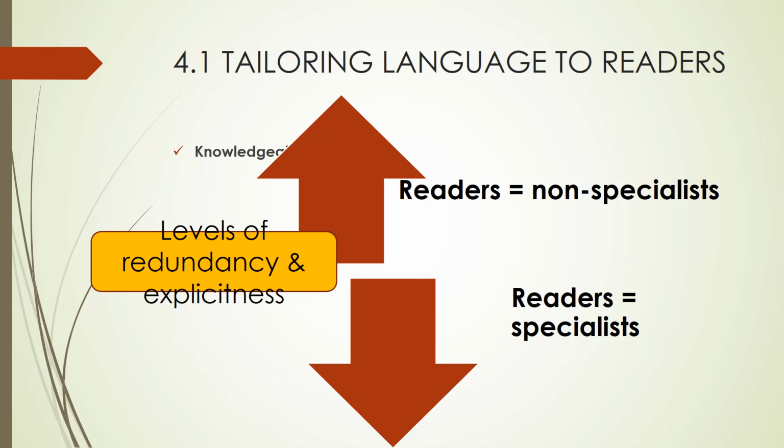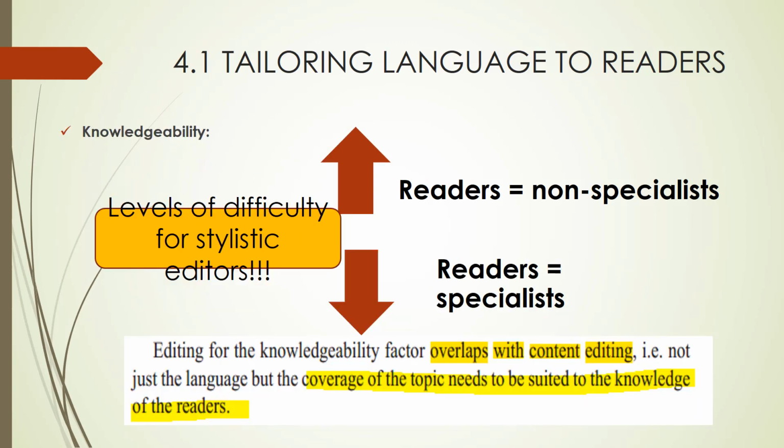However, if the readers are the experts or specialists in one field, you don't have to be that explicit or redundant. Try to reduce the level of redundancy or explicitness. They can understand the concepts well without much explanation. Similarly, we as editors of style, or stylistic editors, have to think of the two problems here.